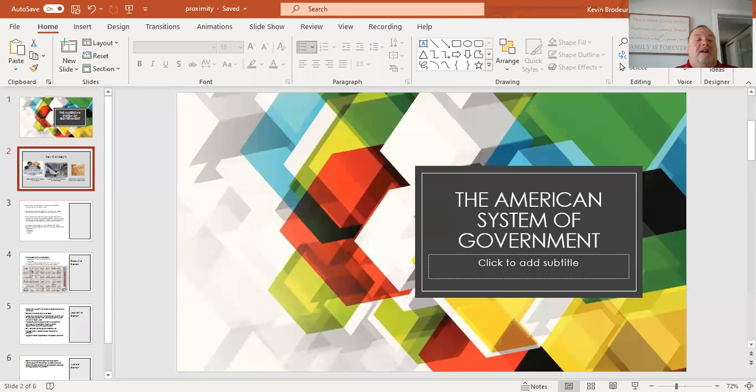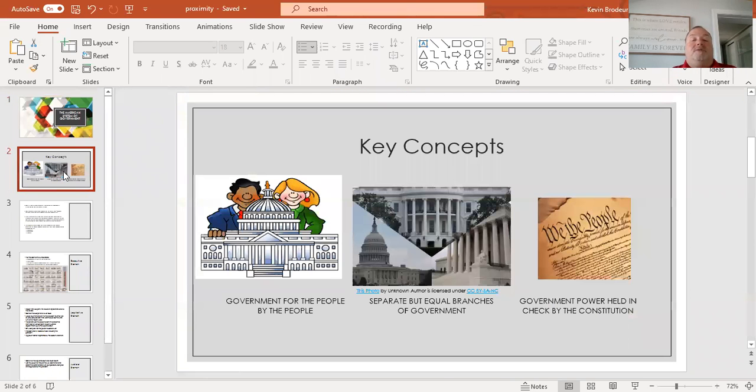The American system of government. There are some key concepts that I want you to think about as we go through this. First is the idea of a government for the people, by the people. At the time that our Constitution was drafted, that was really an innovative concept.